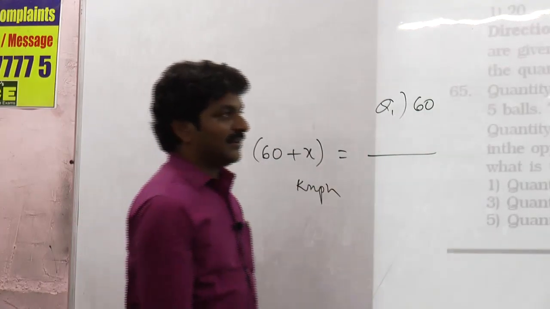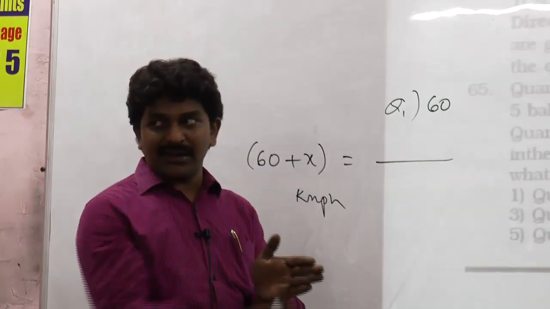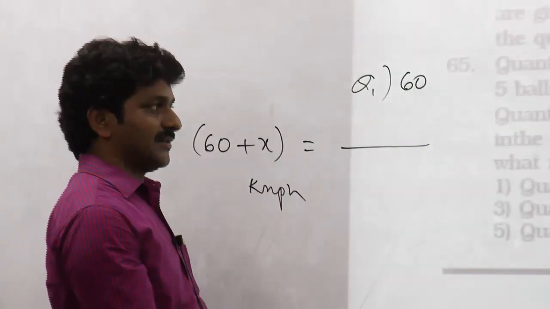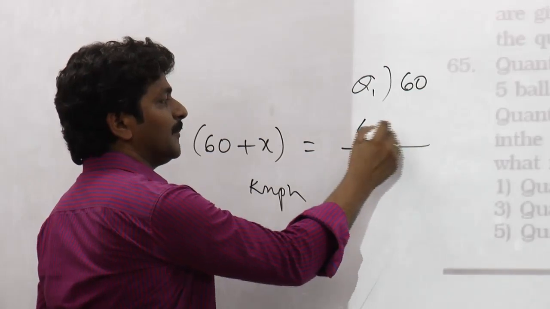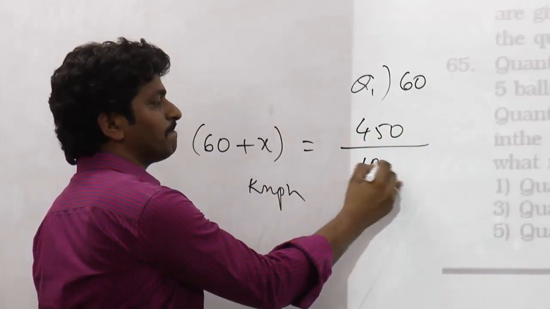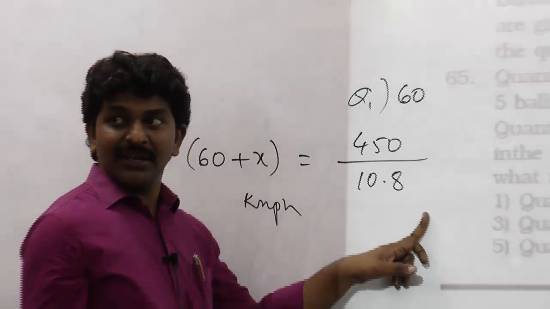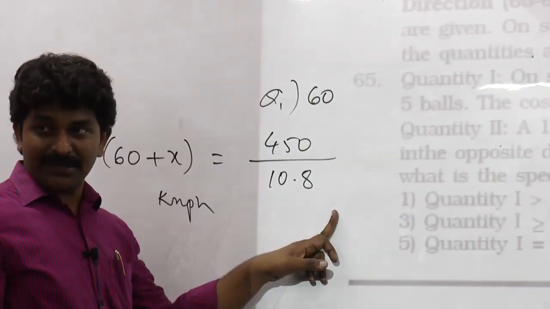When a train tries to cross another train, distance will be equal to train length 1 plus train length 2, that is 450, by total time taken 10.8 seconds. That is in meters and this is in seconds. You will get the answer in meters per second.